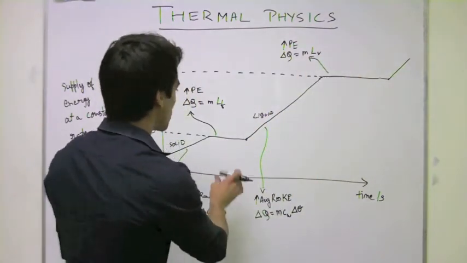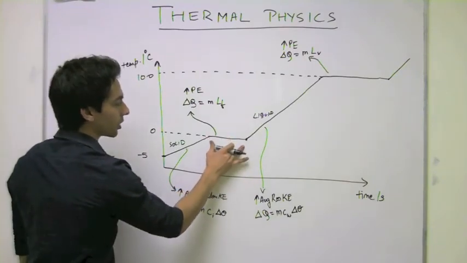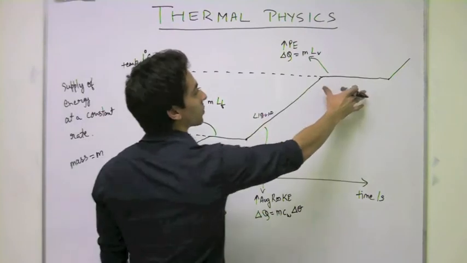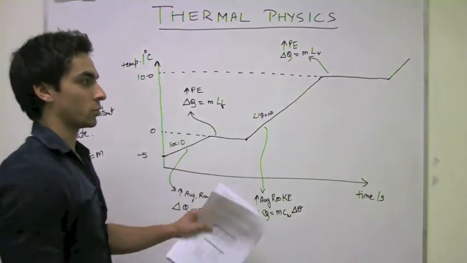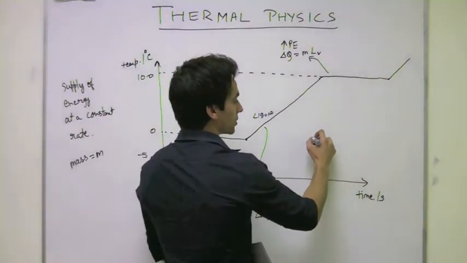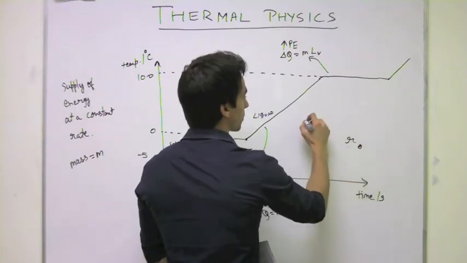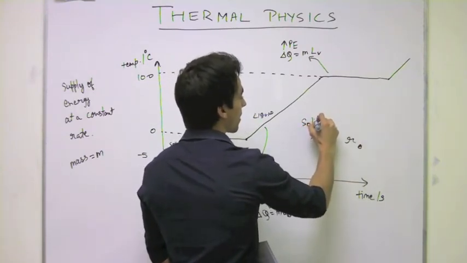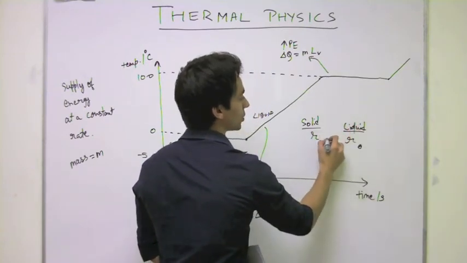Now notice that the latent heat of fusion is always going to be less than the latent heat of vaporization. Why? This is related to the mean molecular separation that we were just talking about. In going from a solid to a liquid, the mean molecular separation remains approximately the same. So I have to put in only so much energy in order to change it from a solid to a liquid.